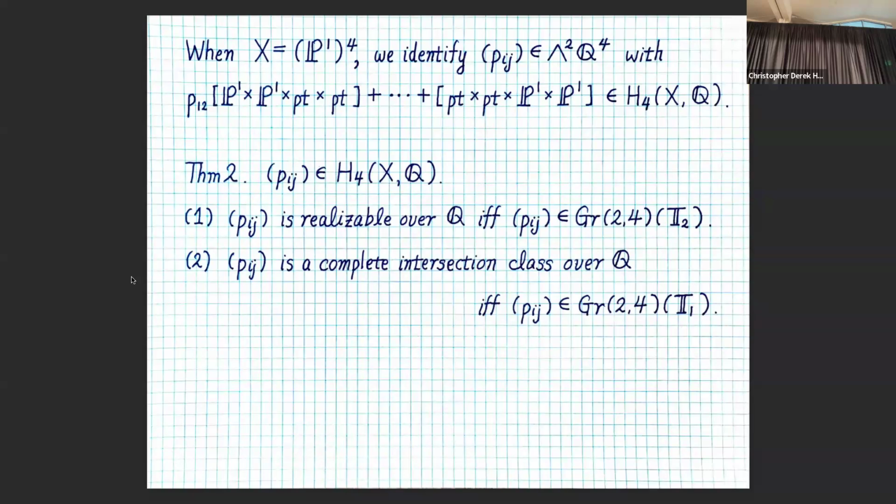It is a complete intersection class over Q if some multiple of it is literally a complete intersection of two other surfaces. And that holds exactly when Pij belongs to Gr24 T1. And Gr24 T1 is a strict subset of Gr24 T2, although they won't touch each other. It's a ball included inside a ball.